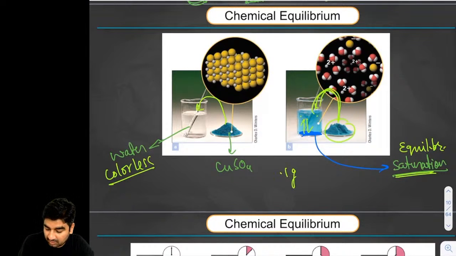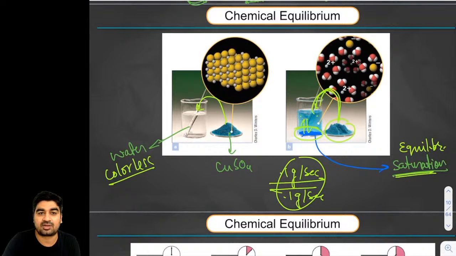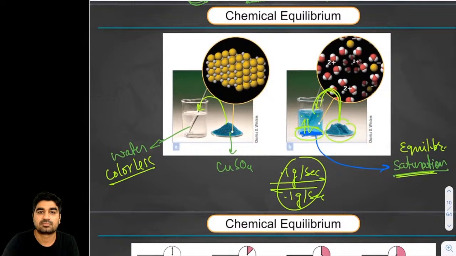Suppose 0.1 gram of copper sulfate is dissolving per second, so the same amount of copper sulfate will undissolve per second. As a result, the net amount of copper sulfate at the bottom will remain constant, but the process still takes place. Okay, guys, and I call it chemical equilibrium. Tell me, guys, if you have any doubt. Any doubt, guys? Please tell me.